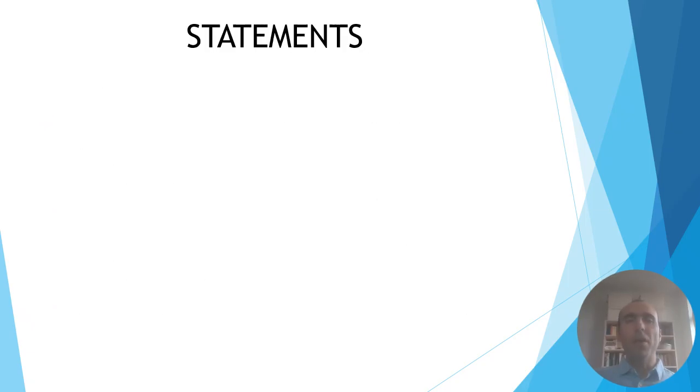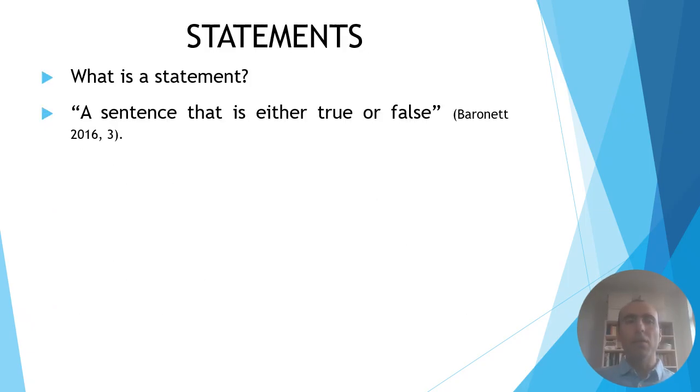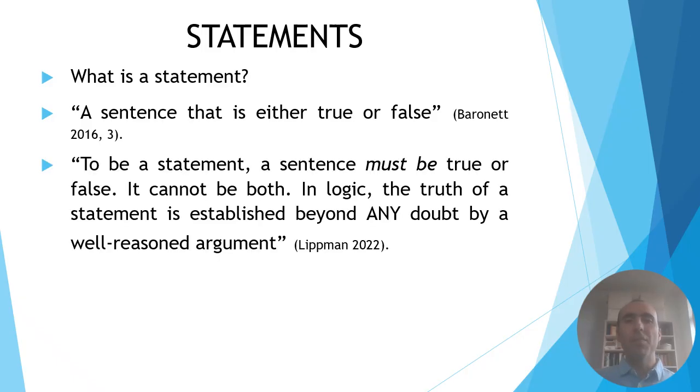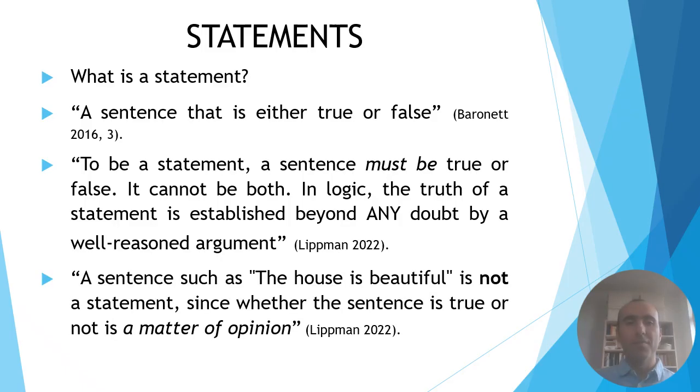Let me explain this better. We just said that a statement is a sentence that is either true or false. To be a statement, a sentence must be true or false. It cannot be both. In logic, the truth of a statement is established beyond any doubt by a well-reasoned argument.